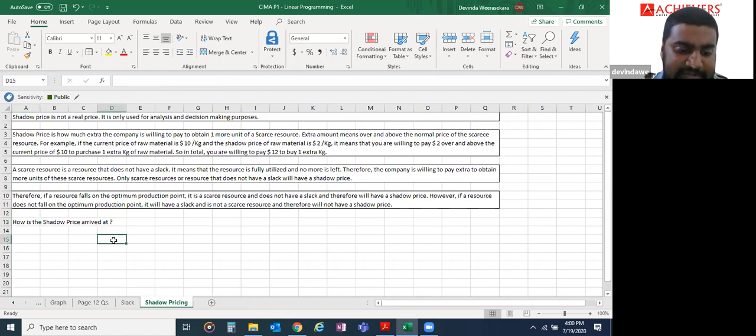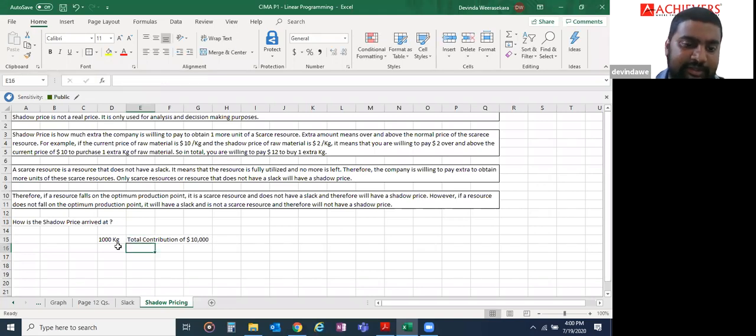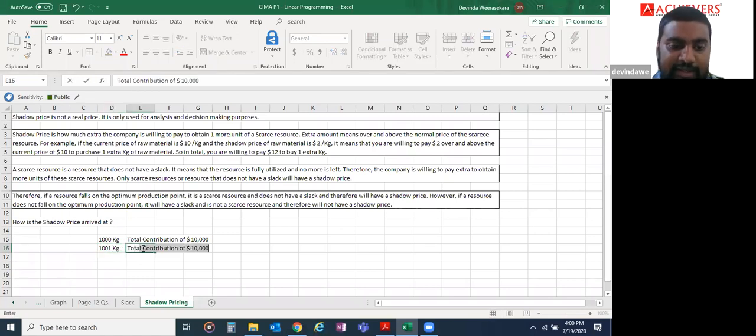For example, guys, let's say if I have 1000 kilos of raw material, I can earn a total contribution of, let's say, $10,000. But if I have 1001 kilos, one extra kilo, I can earn a total contribution of $10,015.